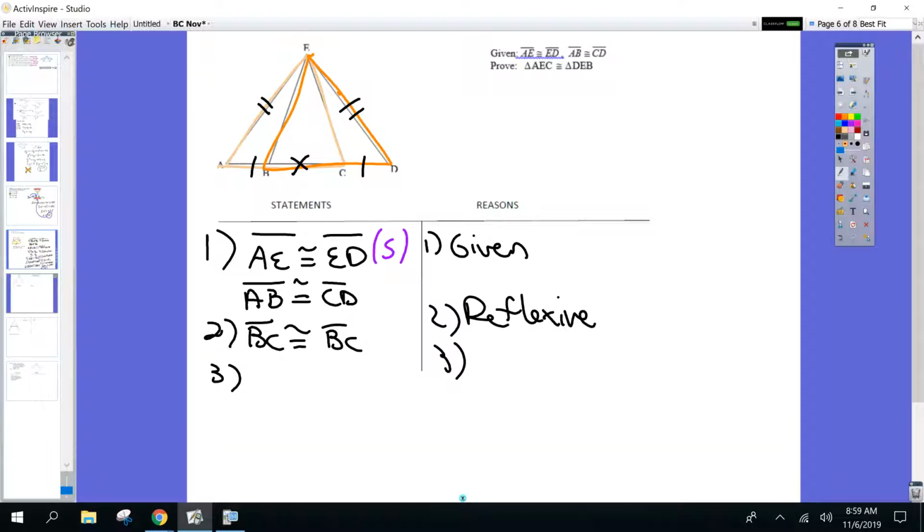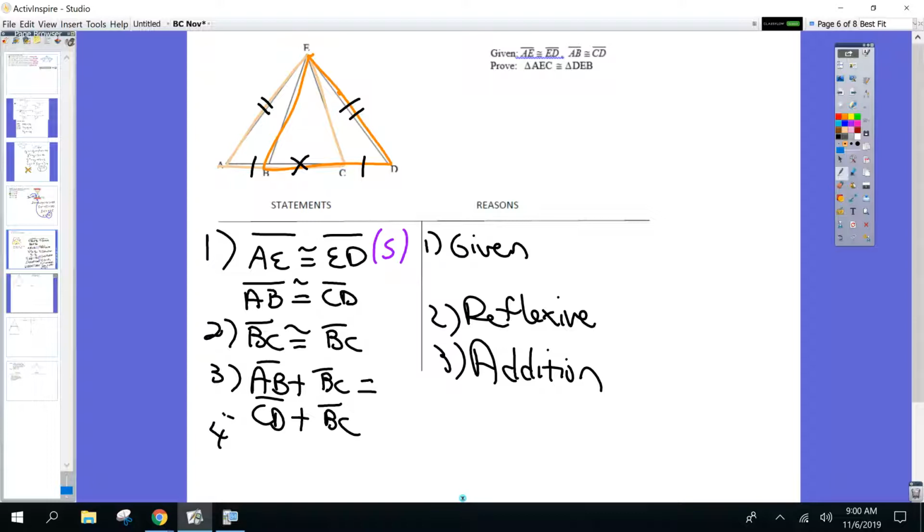And now, yep, now we can add AB plus BC is equal to CD plus BC. Addition. Substitution like usual to say AC is congruent to BD.